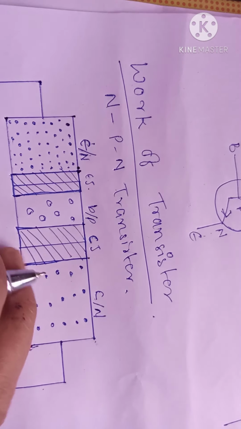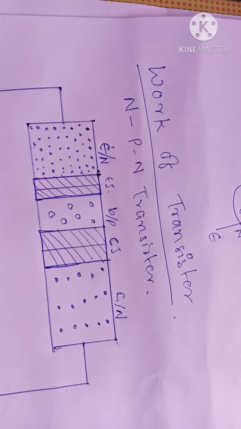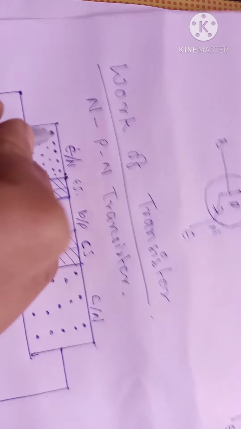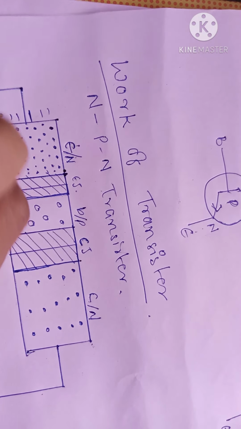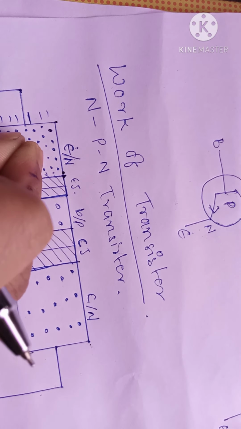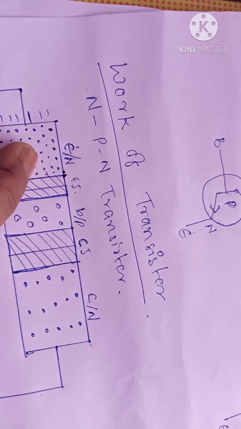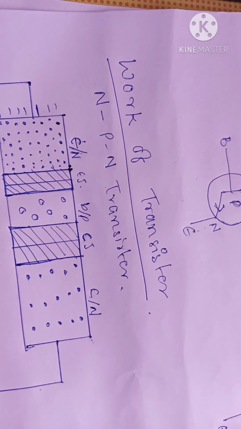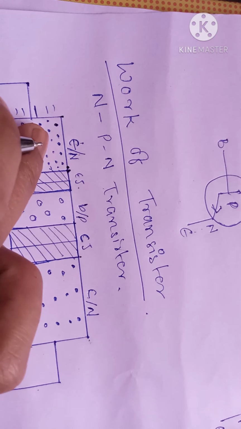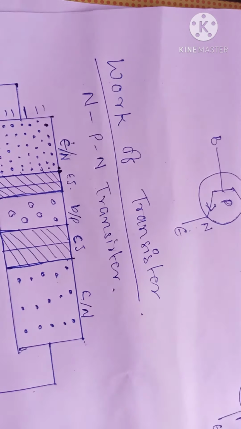Under the influence of the VEE battery, this minus terminal will repel the electrons, because the battery creates an electric field, and because of this electric field, the electrons experience a force.